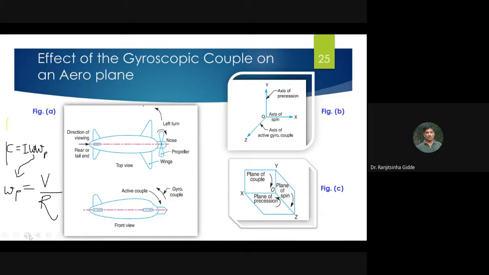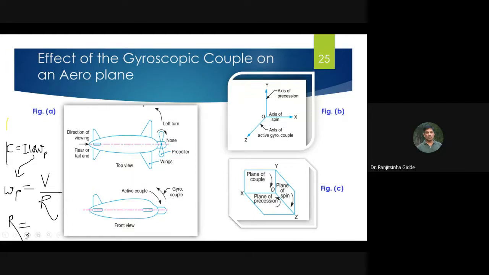And write down R is equal to radius of curvature in meter.